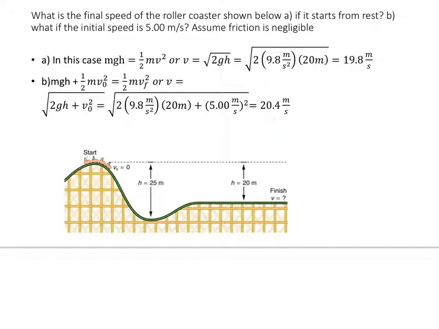Notice that the velocity here at the finish is going to be a little bit bigger than it was up here. And of course the reason for that is because it started out with some kinetic energy here, so it had more energy to begin with than it did in the first case.